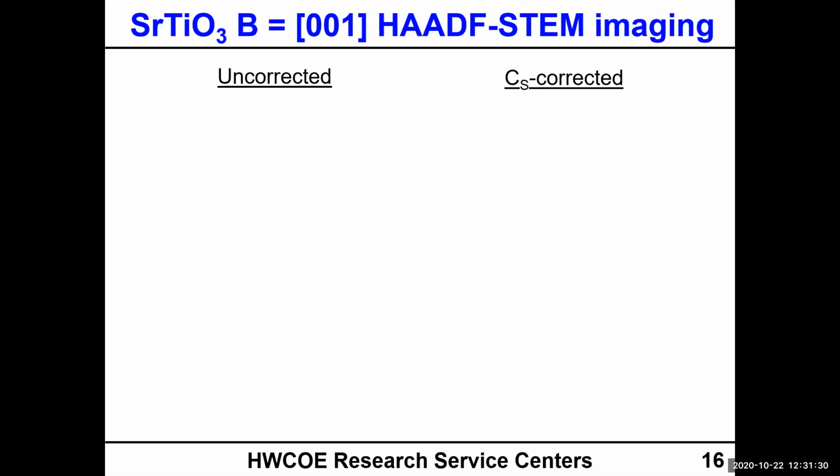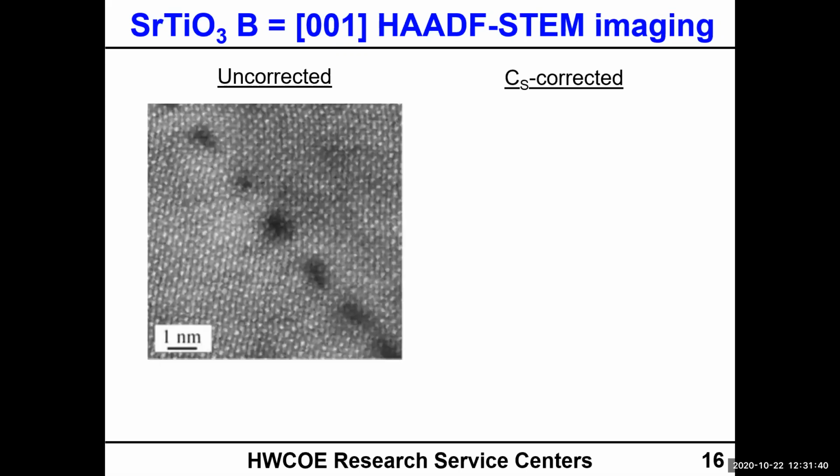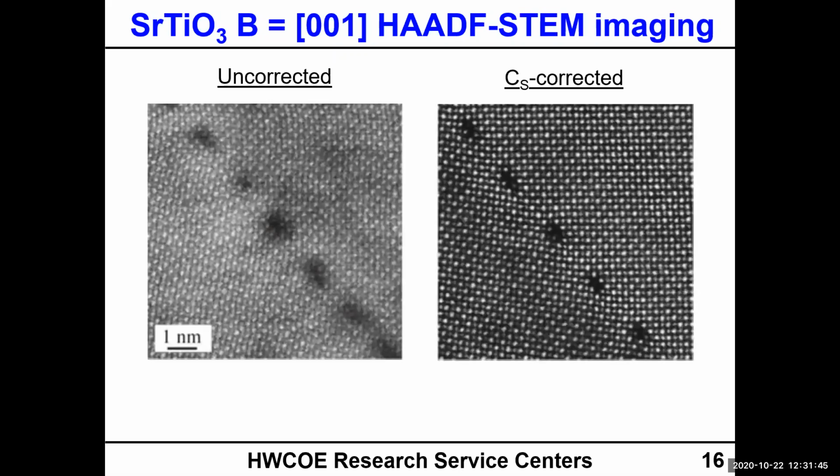One of the archetypical materials that has been studied with HAADF-STEM for a long time, and is still studied, is strontium titanate, which is a perovskite structure. I already showed you this image, right? That's the uncorrected, that's the corrected. What you're seeing here is an overlay graphic that's basically a projection of the structure that we would be seeing if we looked along the 001 zone axis.